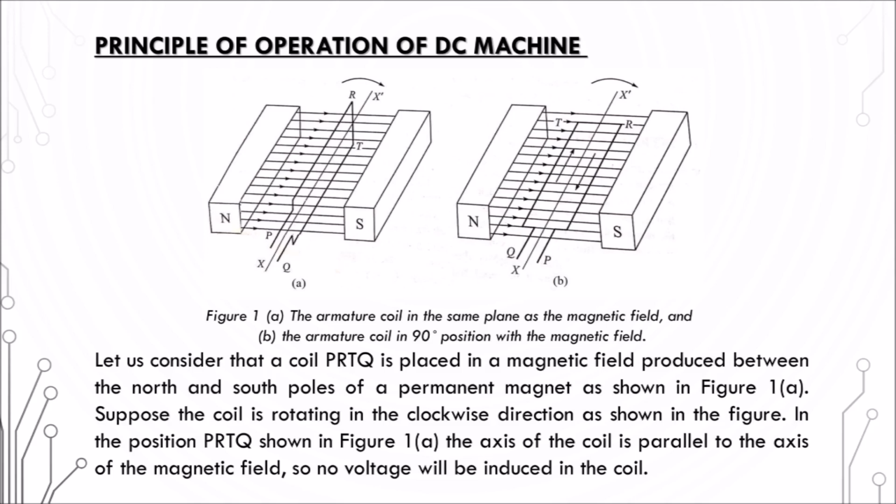Suppose the coil is rotating in the clockwise direction as shown in the figure. In the position PRTQ shown in figure 1A, the axis of the coil is parallel to the axis of the magnetic field. So, no voltage will be induced in the coil.